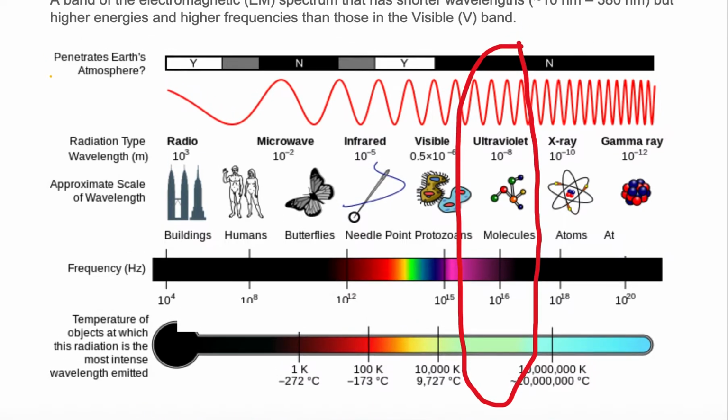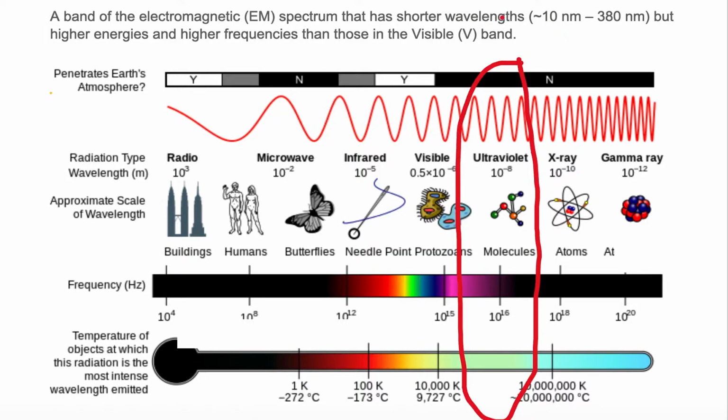Now notice that we say this band has shorter wavelengths than the V band. If we look at the electromagnetic spectrum up to the ultraviolet band, we see the length of the radio band is really long compared to the microwave, the infrared, and the visible band. The ultraviolet band has much shorter distances between the peaks, or the length of the wave, compared to the visible, infrared, microwave, or radio band.